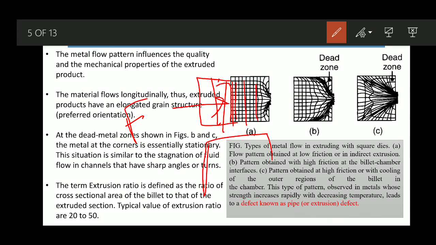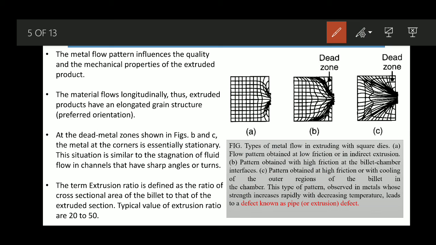In the next case, if initially it is like this, then after compression it is like this. So that is the change. In the meantime, the grains flow in this particular zone through the opening, and the deformation is generally visible here.